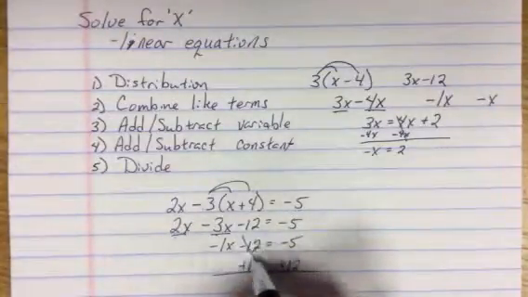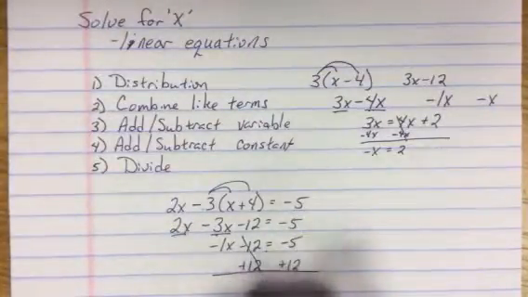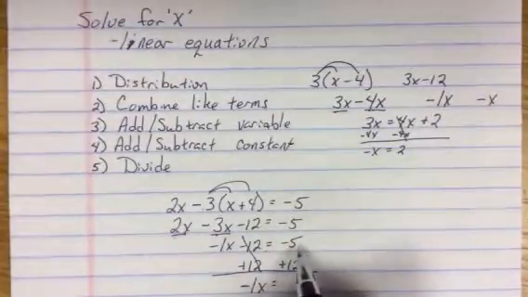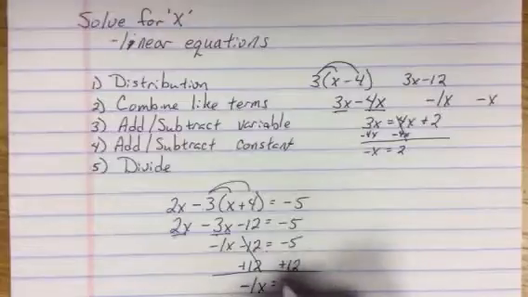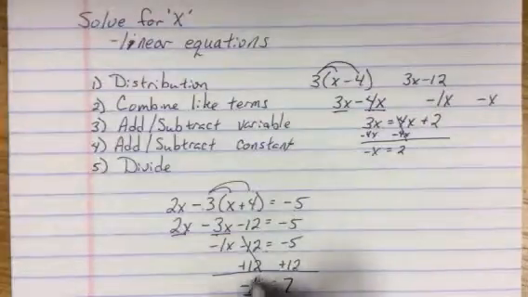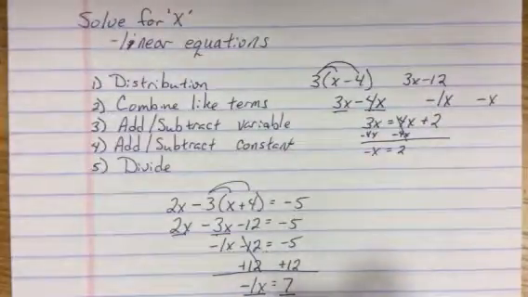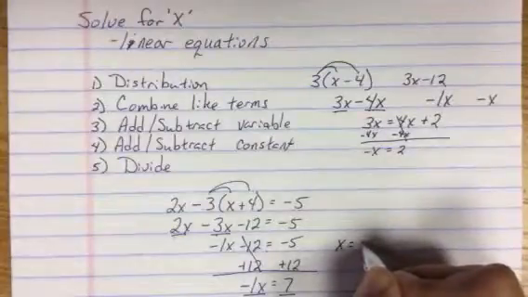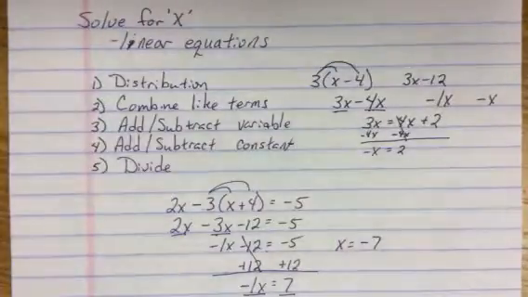So negative 12 plus 12 is going to cancel, leaving me the negative 1x on the left side. Negative 5 plus 12 gives me 7. Last step, divide, and I always divide by the number that's attached to the variable. So in this instance, it's x equals negative 7.